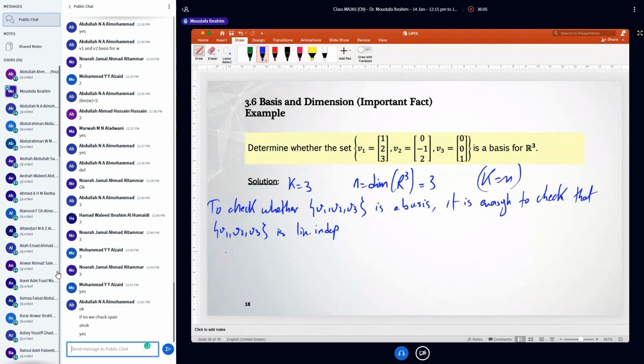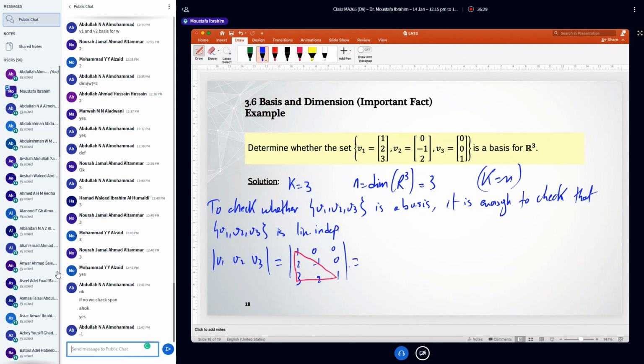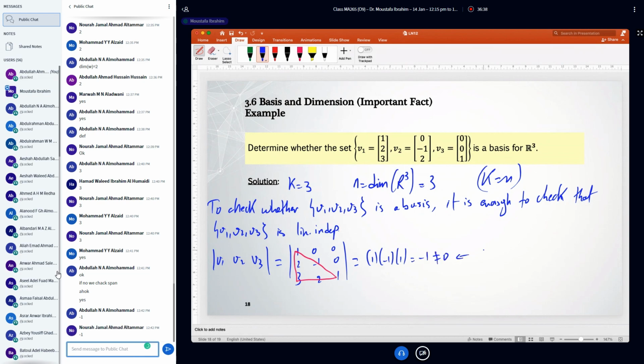Here, since k is equal to n, we can directly do the determinant. The matrix with V1, V2, V3 is 1, 2, 3, 0, negative 1, 2, 0, 0, 1. What's the determinant of this matrix? It's a lower triangular matrix, so we multiply the entries of the main diagonal: 1, negative 1, 1. We get minus 1, different than 0. So V1, V2, V3 is linearly independent.